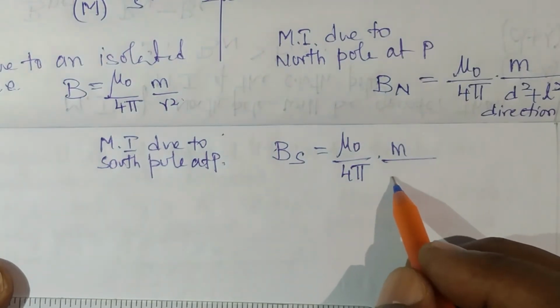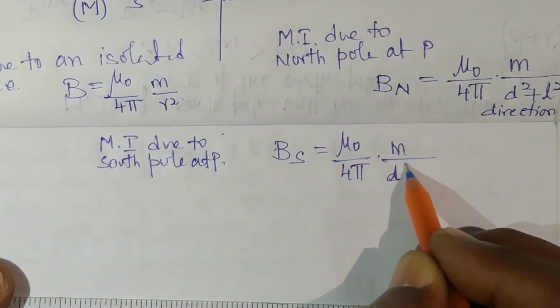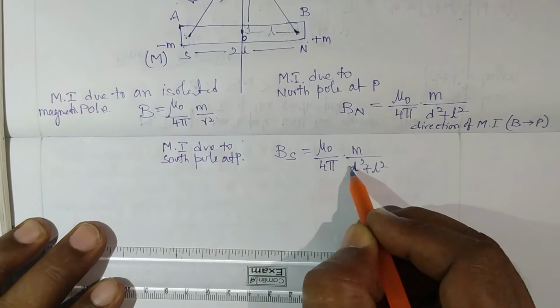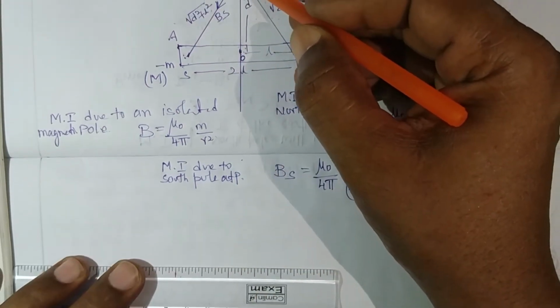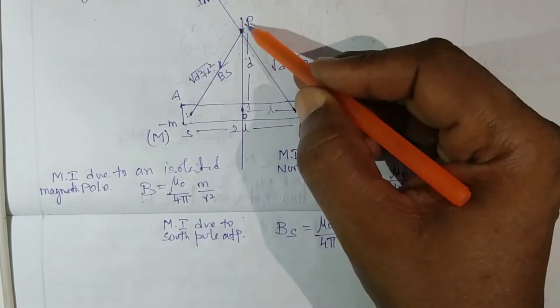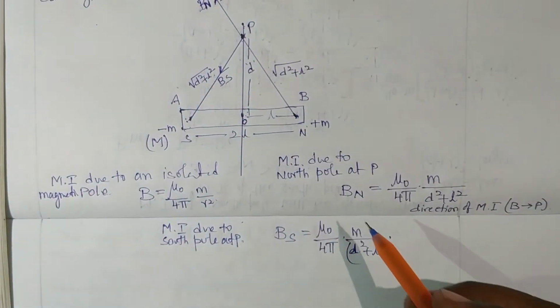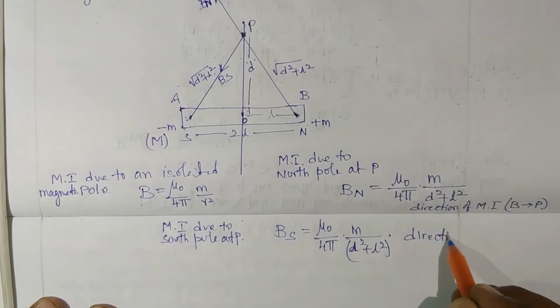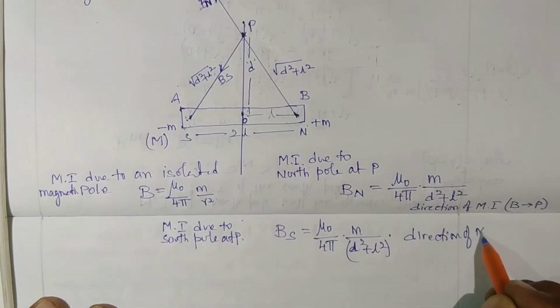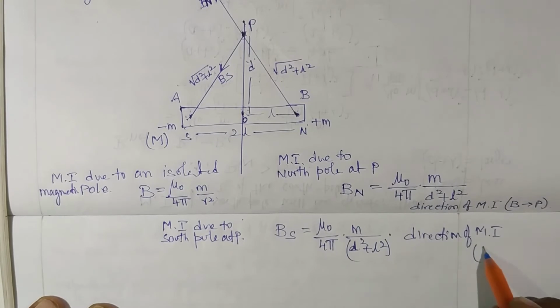So when you square it, the root gets cancelled. It is D square plus L square. Now what is the direction of magnetic induction here? It is from P to A. The direction of magnetic induction is from P to A.